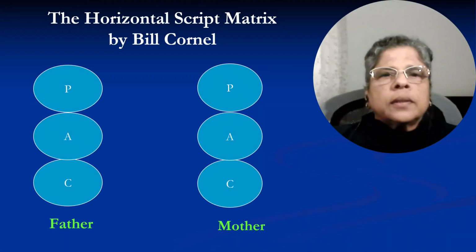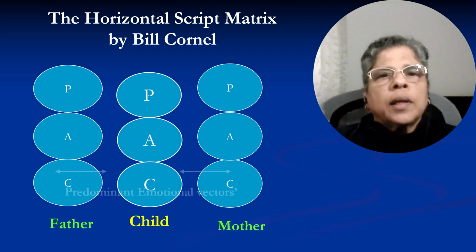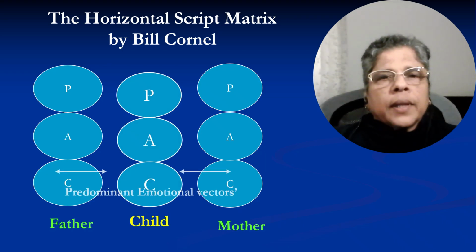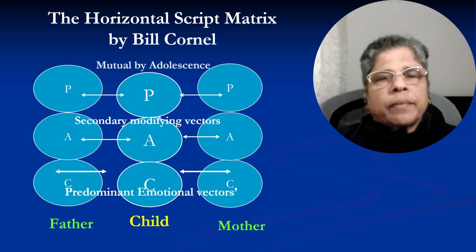This picture is the horizontal script matrix model proposed by Bill Cornell. The major difference is the child and the parents are shown in this image at the same level. In the conventional script matrix, the child is shown at a level down.